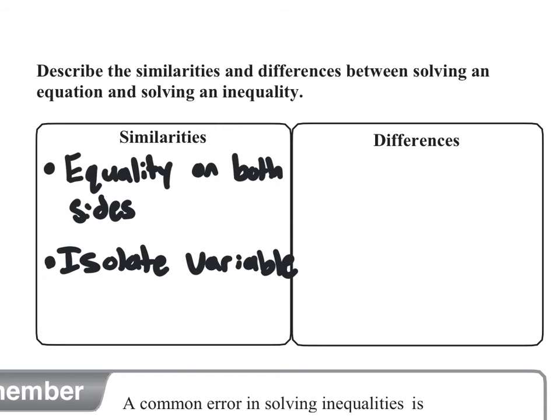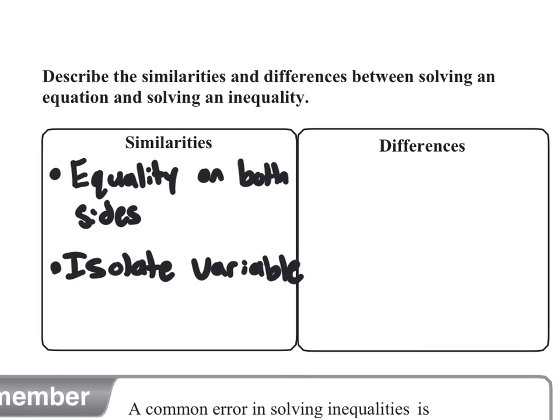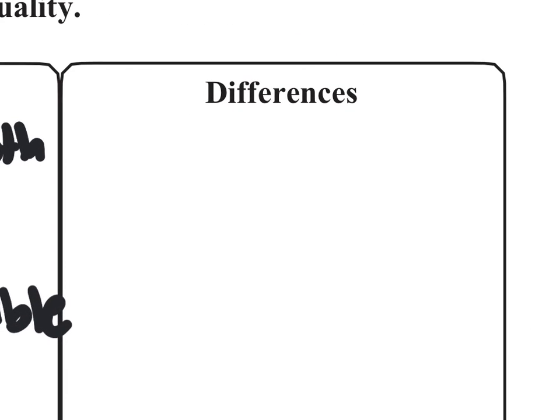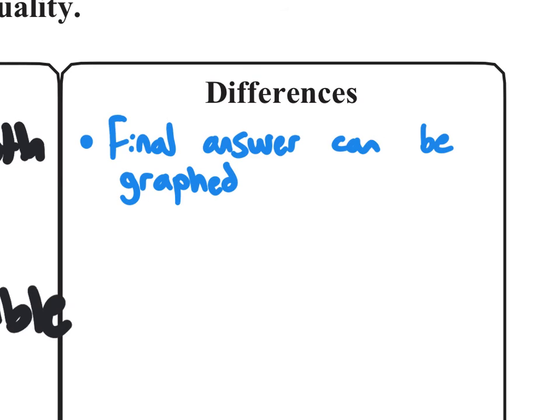Now, for the differences, one difference is the way that you express your final answer. Right? Your final answer now must be graphed. And I say must, sometimes we'll just leave it as the inequality, but to see a picture of it, the final answer can be graphed to view on a number line.